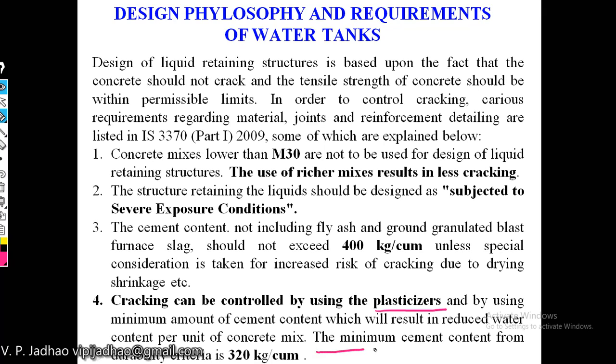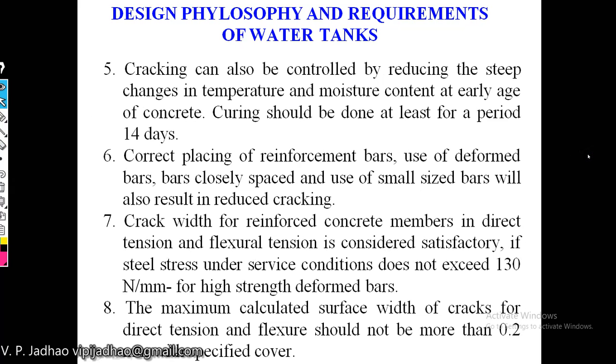The minimum cement content for durability criteria shall be 320 kg per cubic meter. Now cracking can also be controlled by changes in temperature and moisture content at early age of the concrete, and the minimum curing period for water tank shall be 14 days.